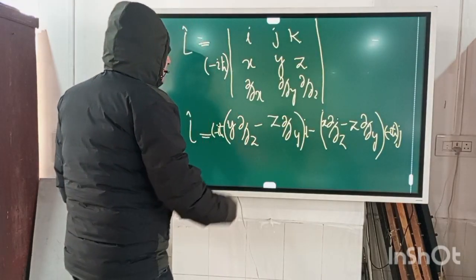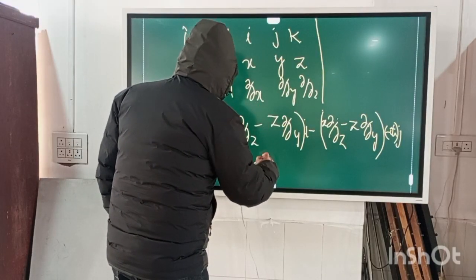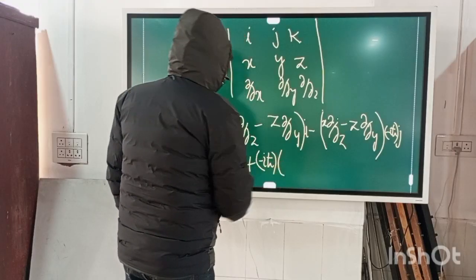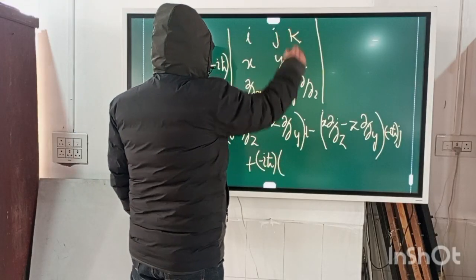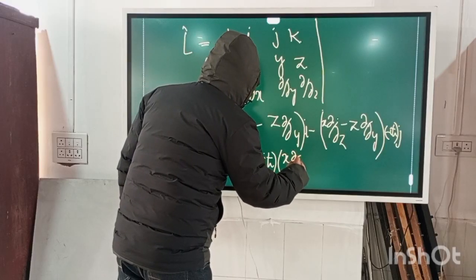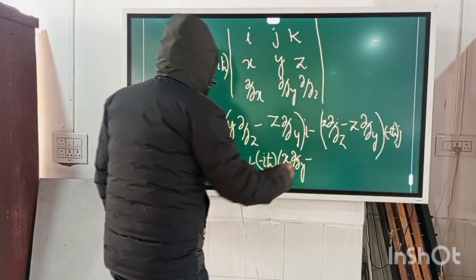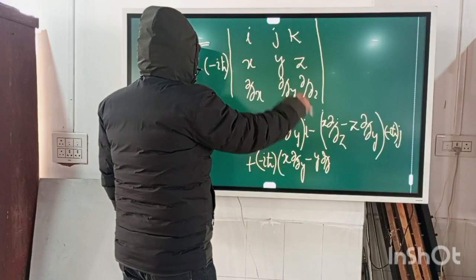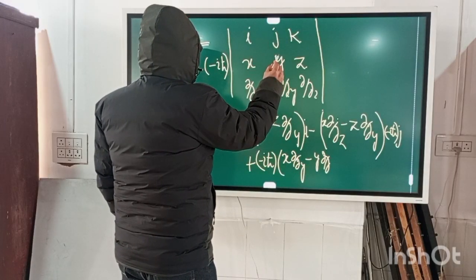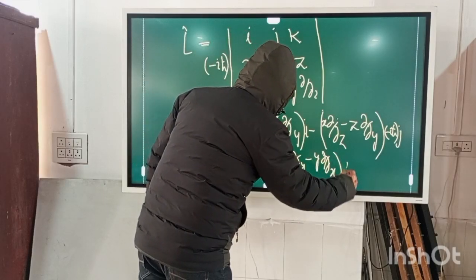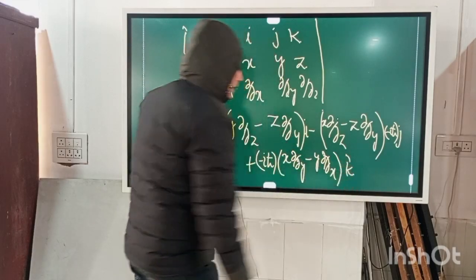And the third term is plus minus i h bar times x dou by dou y minus y dou by dou x, and this is your k.